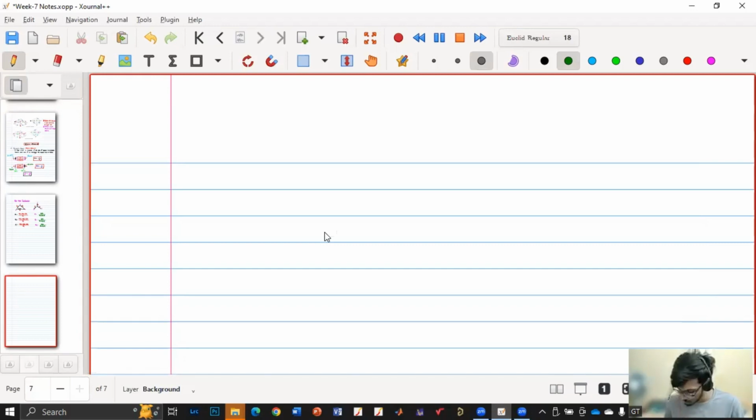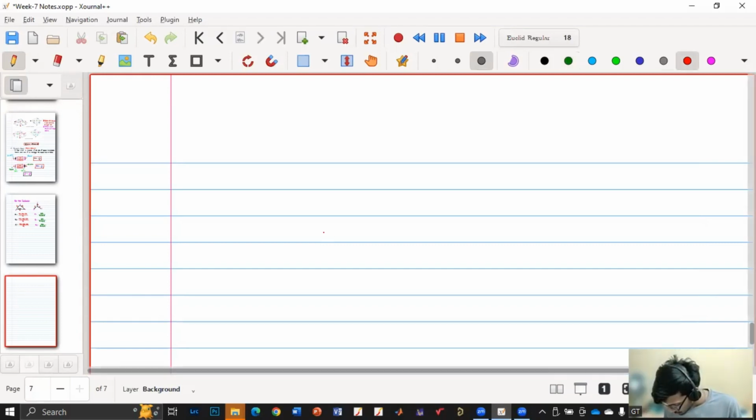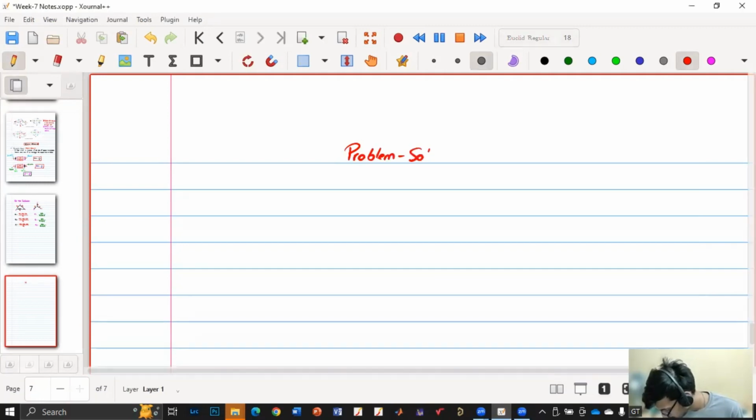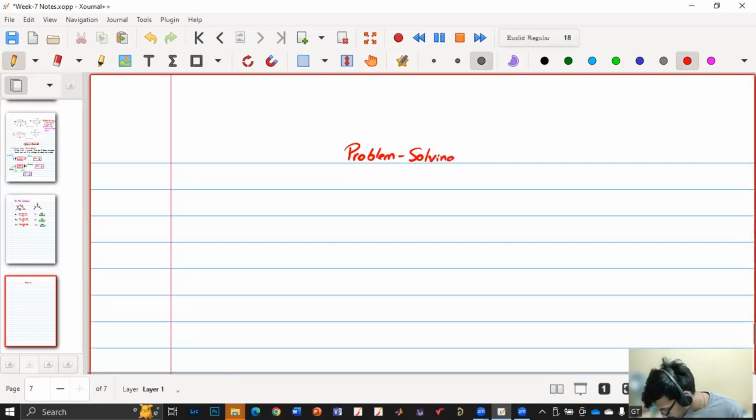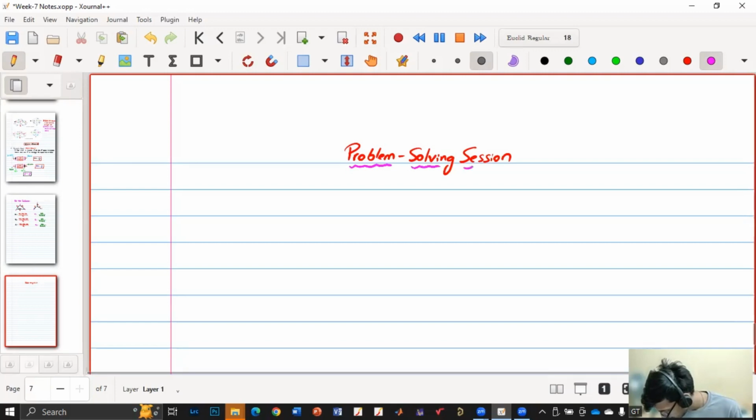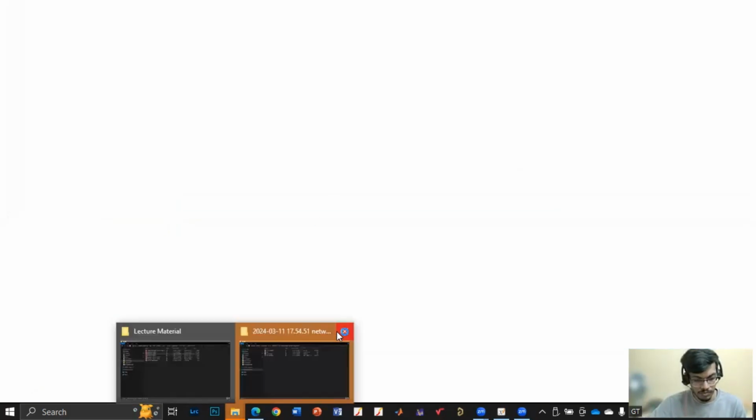So now we'll move on to our problem solving session. Whatever theorems we have learned today, we'll be using them for solving these problems. Okay, so where are we?